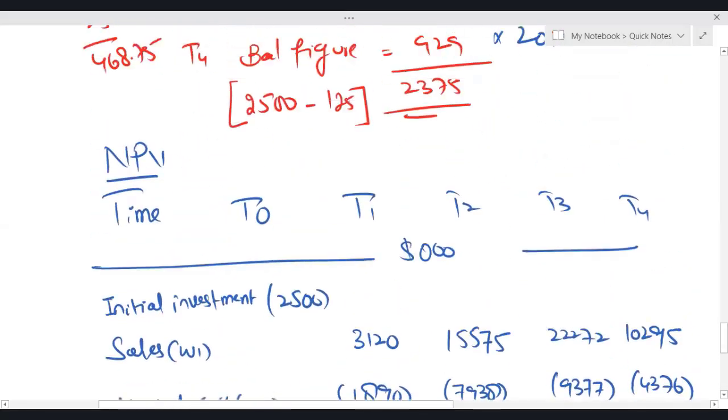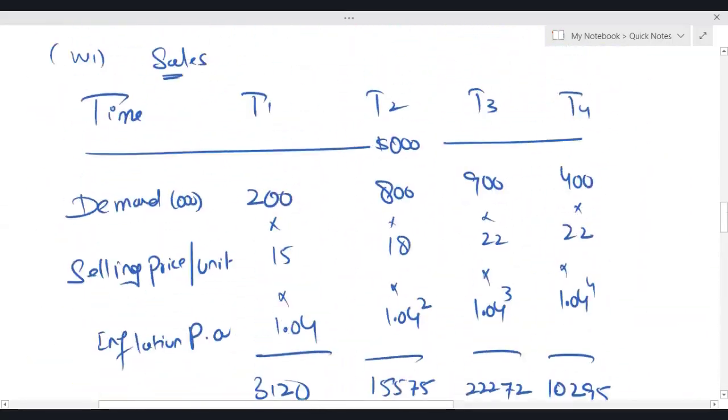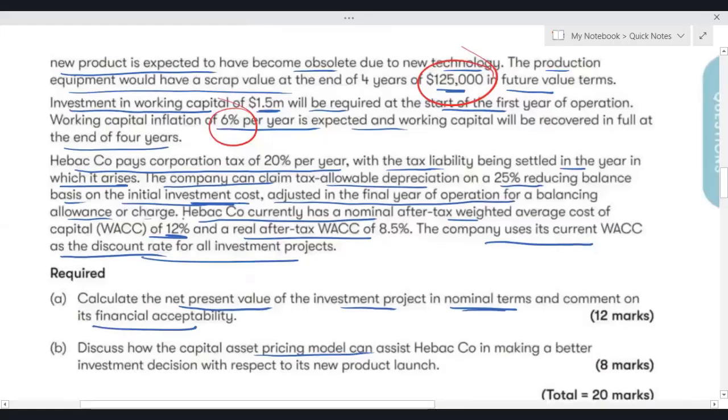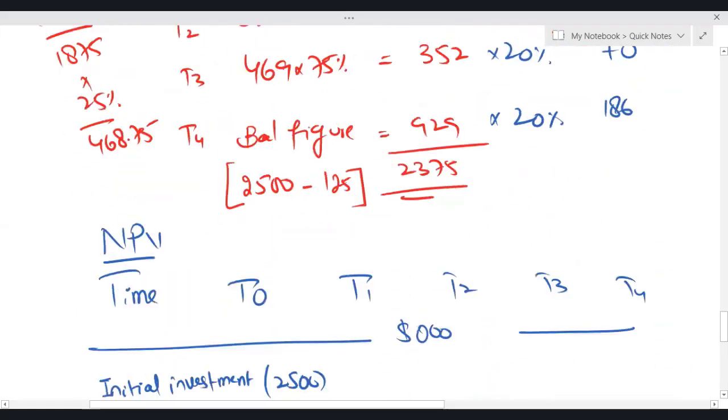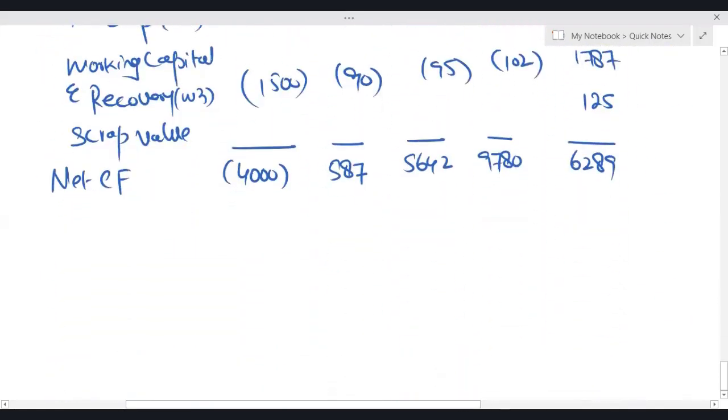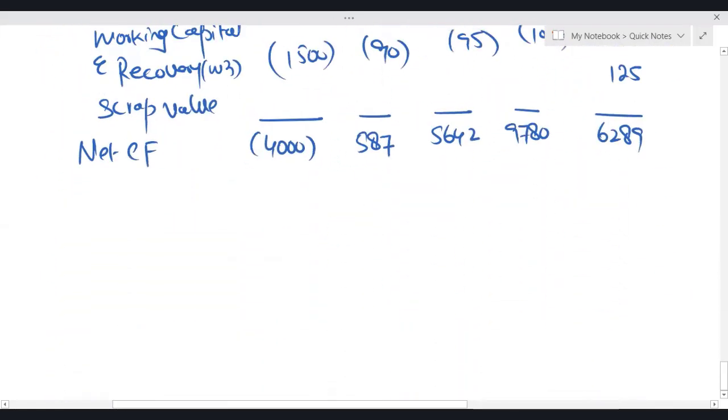Let's go for the nominal discount rate. It is 12%. So cost of capital is 12%.